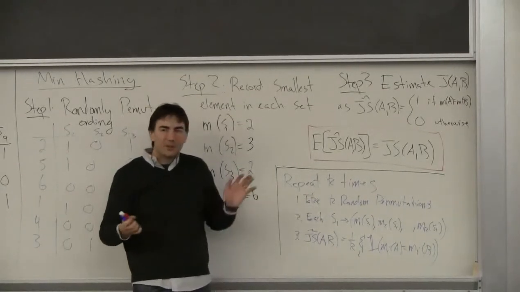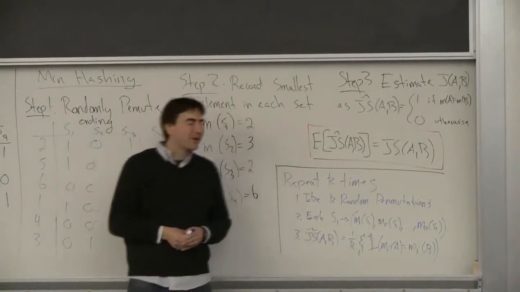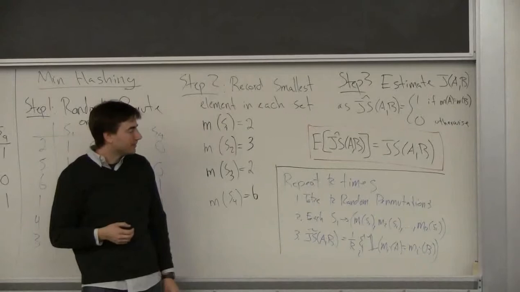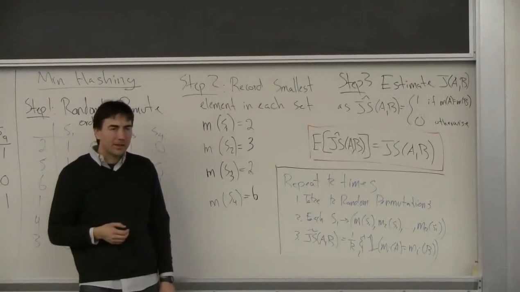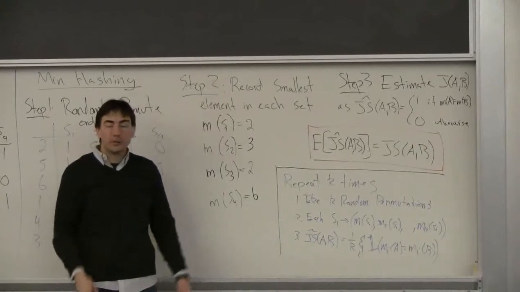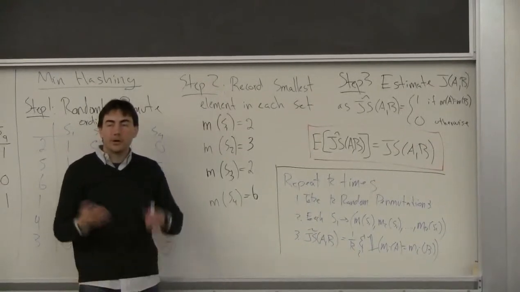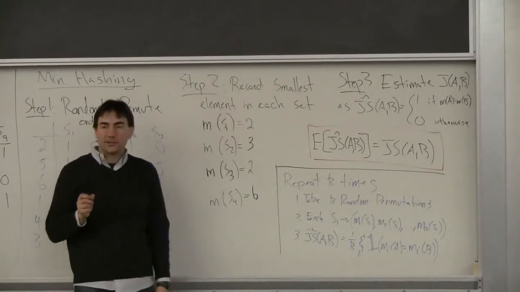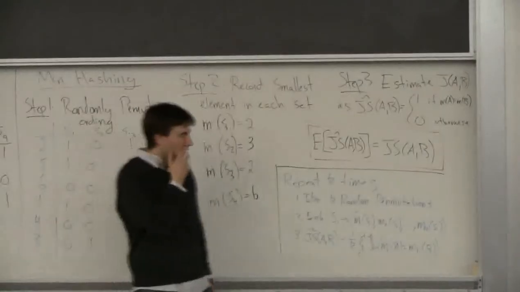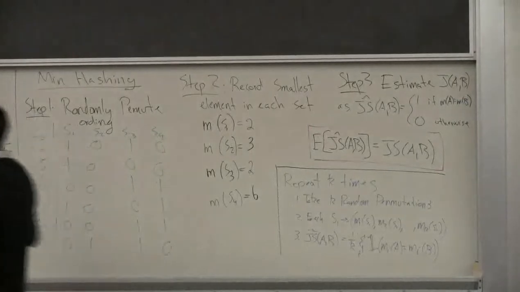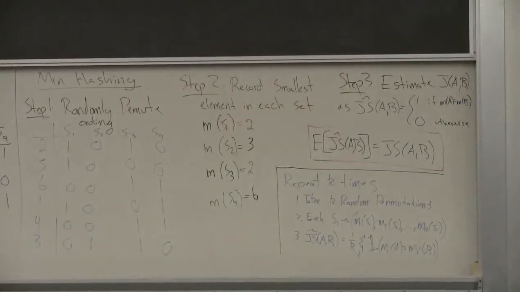Now, in order to get a really good bound, you need a lot of permutations, but doing like 100 or so of these works pretty well in practice for comparing these websites together. You don't need that small of an error necessarily to get a good estimate here, especially if you do a good job of constructing your sets. Let me bring up this board.